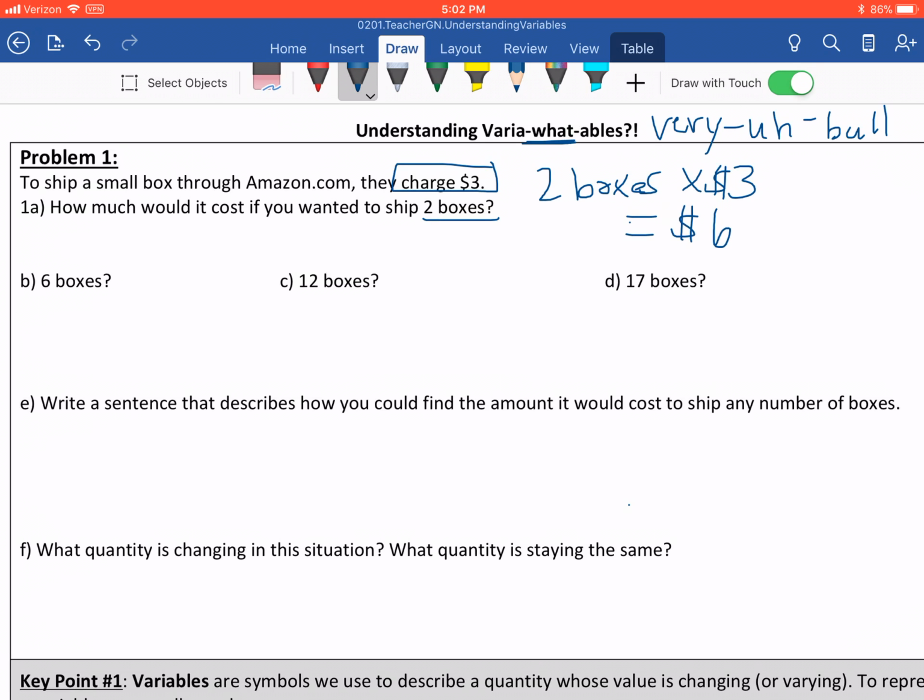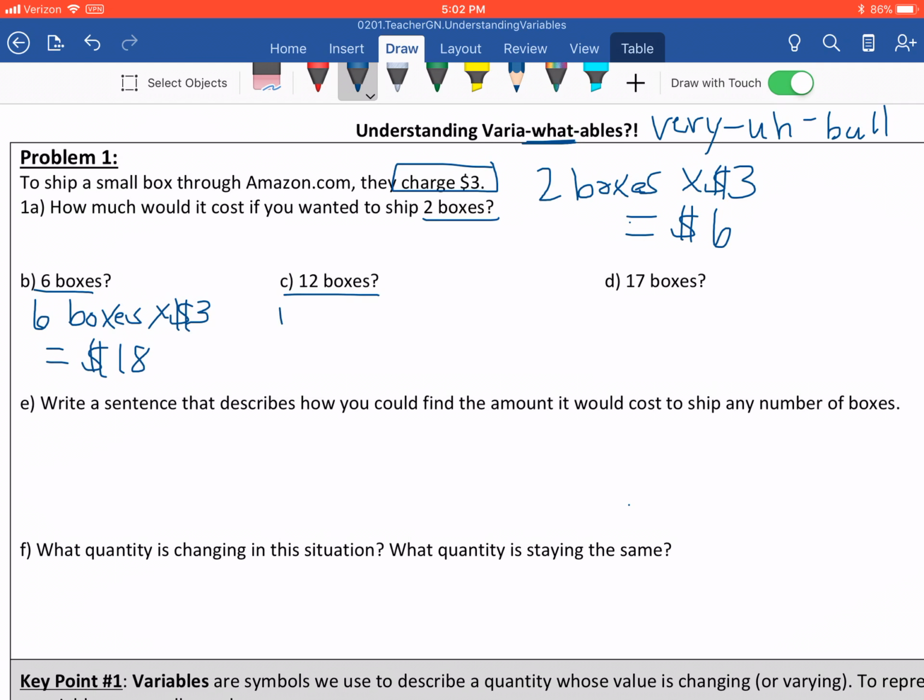Perfect. Now it's asking the same question, but instead of 2 boxes, now it is 6. Pretty much the same thing. I take the number of boxes, 6 boxes times $3, means that I will be spending $18 to ship those.